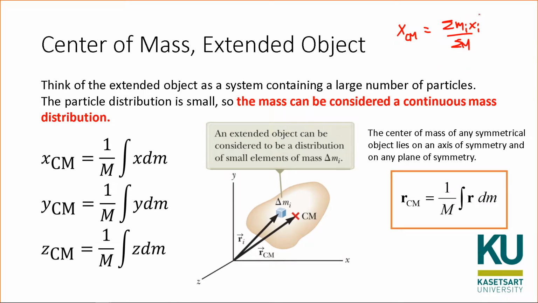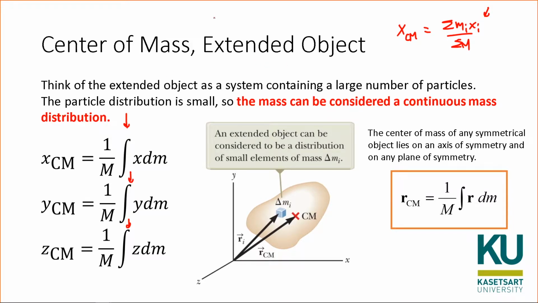To do the summation, you can take the infinitesimal mass dm along each axis. This is the definition of the integral through all different axes. Where does this come from?